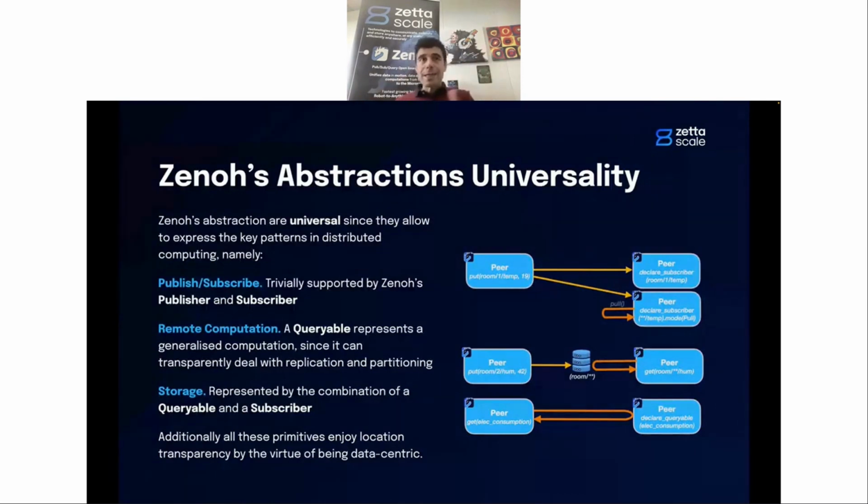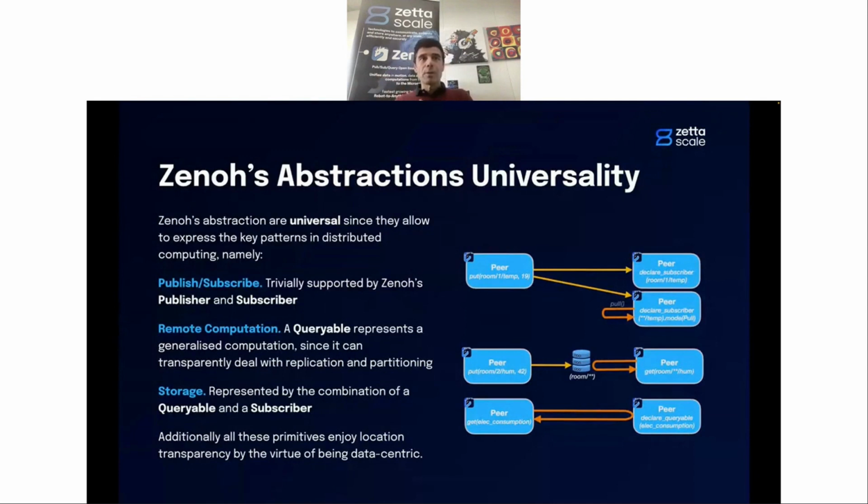If we take the example of DDS, DDS is a PubSub, and then on top of this PubSub there is an RPC, and the two fight with each other because the model is completely different, and you're trying to build host centricity out of something that is location transparent. But Zenoh manages to give you that model of service invocation across the network without having to introduce a location dependency.